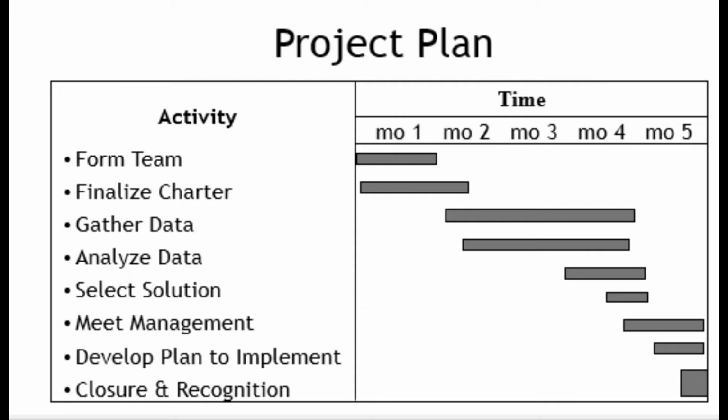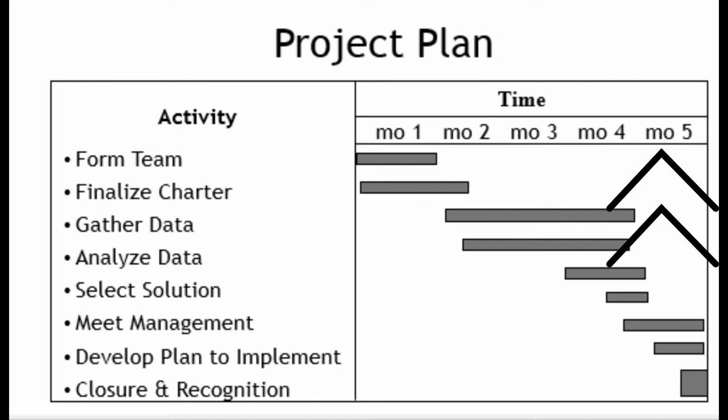So this is how a typical project plan looks like, where you have on the right hand side the months. Month 1, what will you do? In month 2, what all activities will conclude and start? Similarly, in month 3, what are the activities that will run in parallel? So it doesn't have to be that you will end something and then start something.